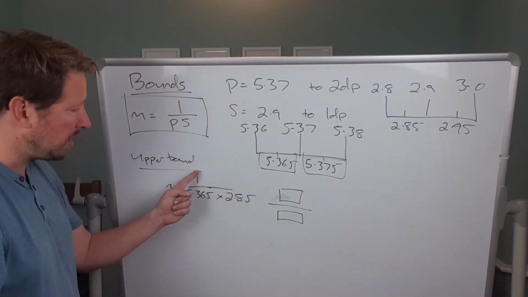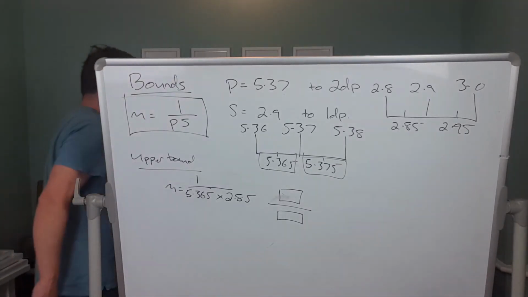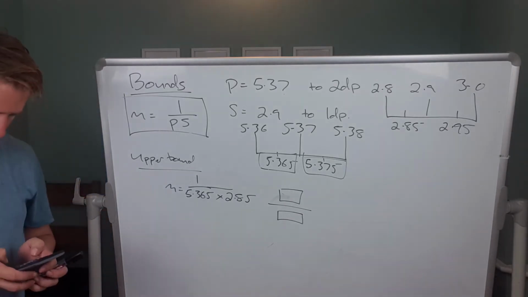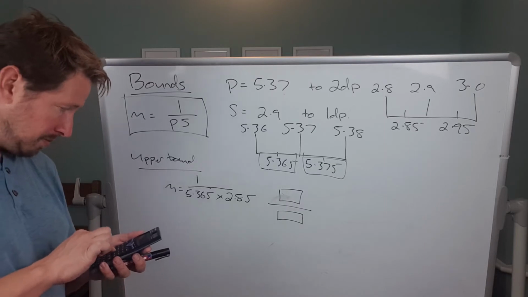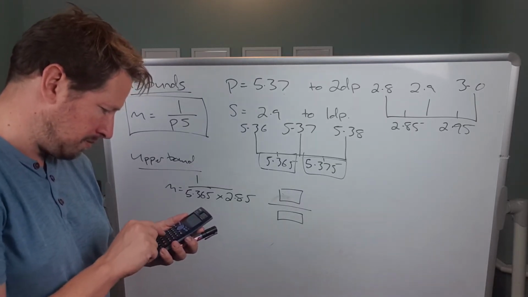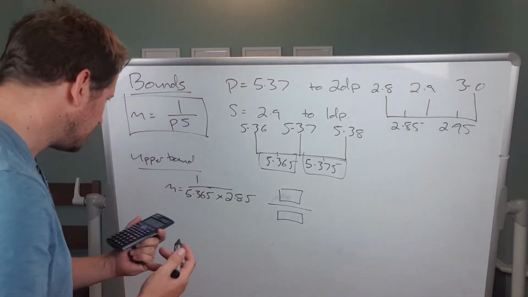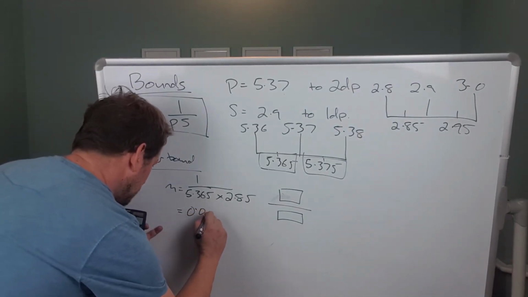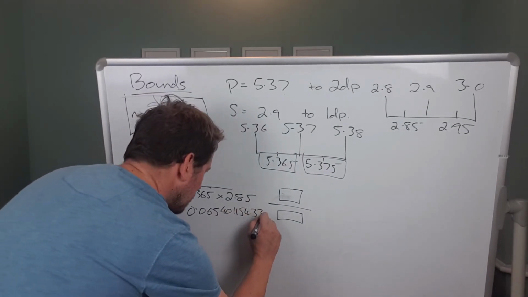Then on the top you put 1, on the bottom you put 5.365 times by 2.85. And then you write out all the decimal places. So the upper bound equals 0.06540115433.